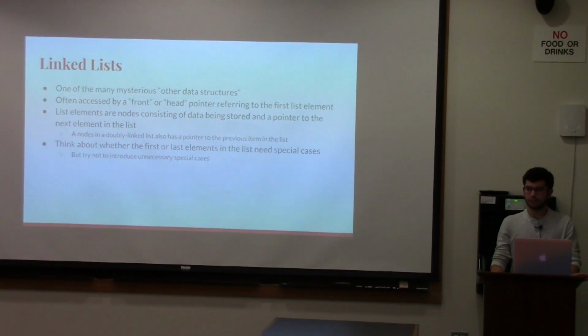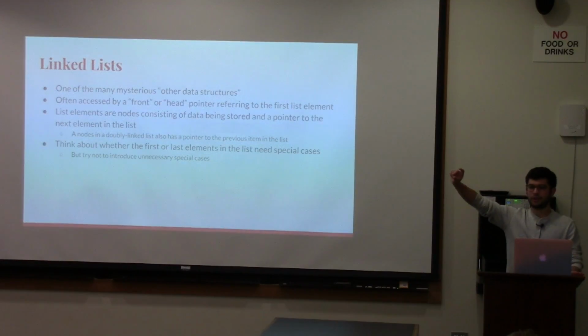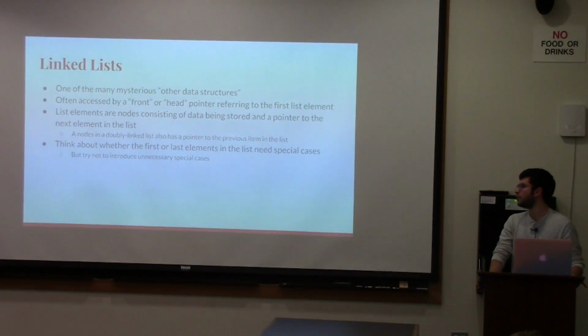It's worth thinking about when you'd want to use some of these data structures over others. Linked lists are probably the most conceptually similar to vectors in that they have a linear arrangement of the data, but you use them in pretty different ways. So if you have a linked list, you often have it referred to by its front pointer or its head pointer, which is a pointer to the first element.